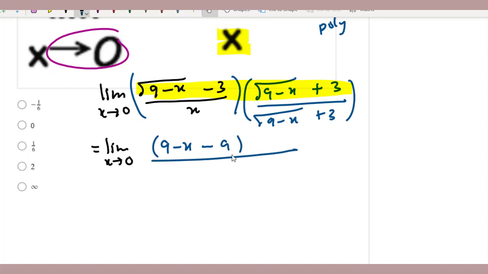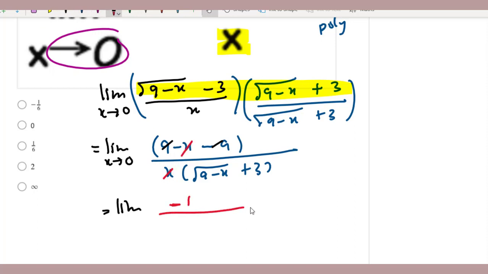Over this one, just rewrite square root of 9 minus x plus 3. Simplify. Limit, this one can be cancelled. Negative x, this one also can be cancelled. So I get negative 1 over square root of 9 minus x plus 3 as x approaches 0.